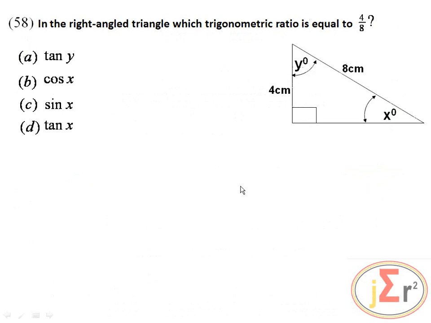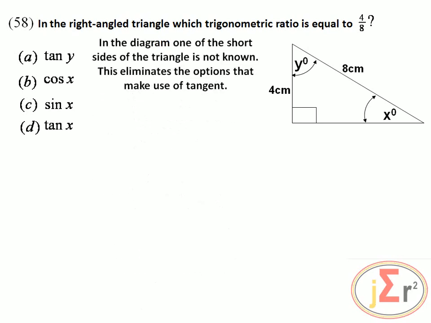In the right angled triangle, which trigonometric ratio is equal to 4/8? So which trig ratio is 4/8? In the diagram, one of the short sides of the triangle is not known. This eliminates the options that make use of tangent.